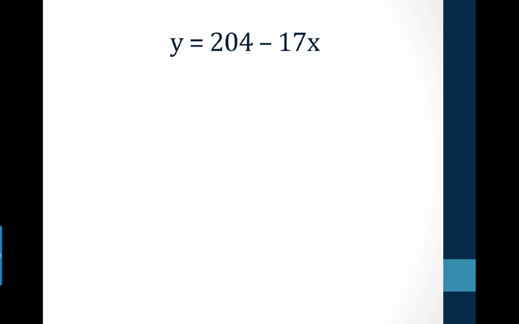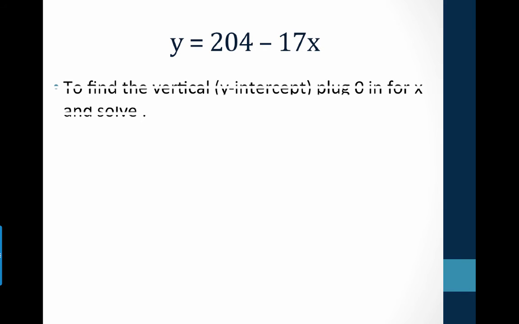Okay, let's go on to the next question. Again, we have the same equation, and you're asked to find the vertical, or the y-intercept. So we need to plug 0 in for x and solve. Easy enough, we just get y equals 204. Well, 0 for the x value means right at the very beginning, at 0 weeks.